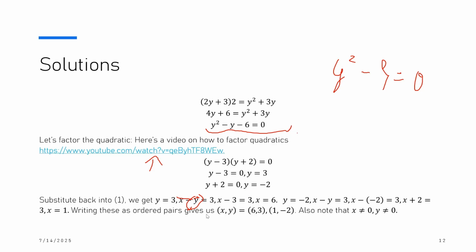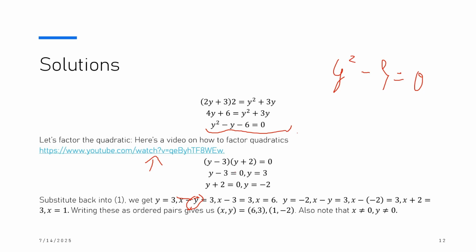So writing these as ordered pairs, remember x comma y in parentheses gives us 6, 3. Remember the x goes at the end, after y, so you have to make that a little change. So that's 6, 3, and this is 1, -2, sorry.